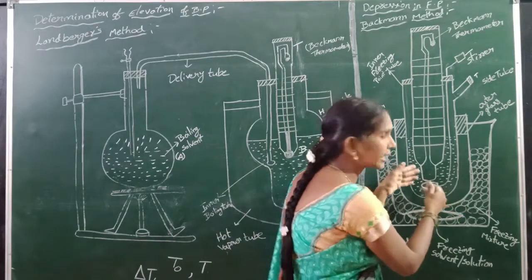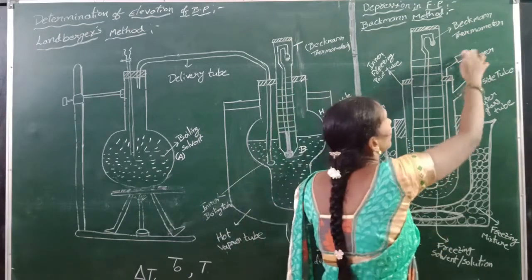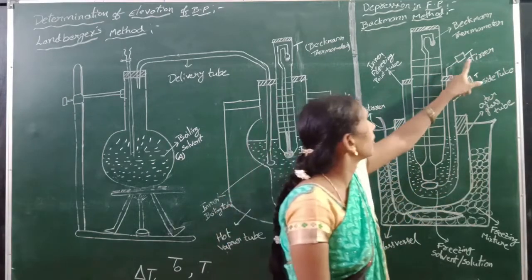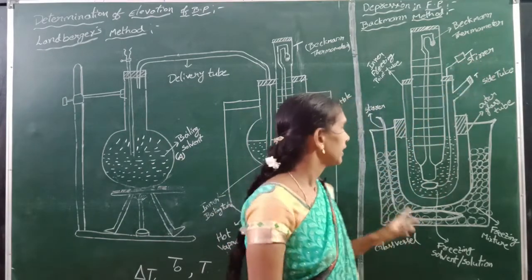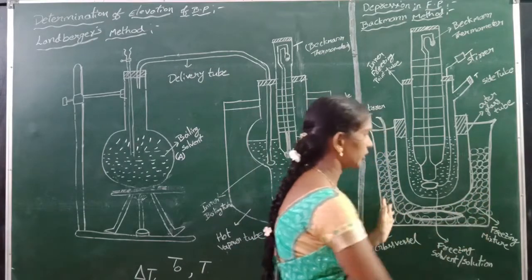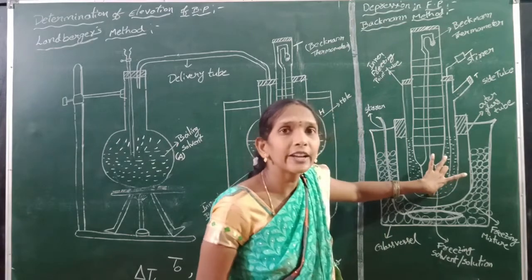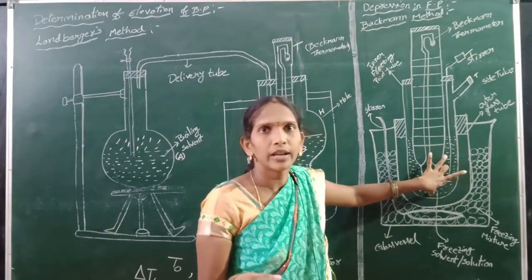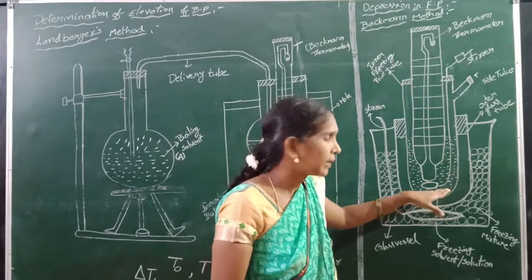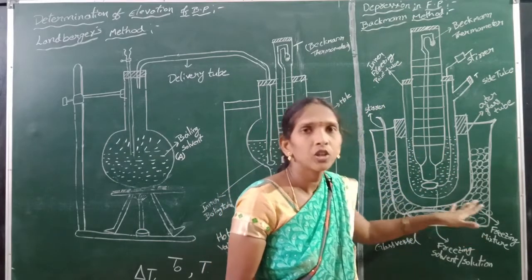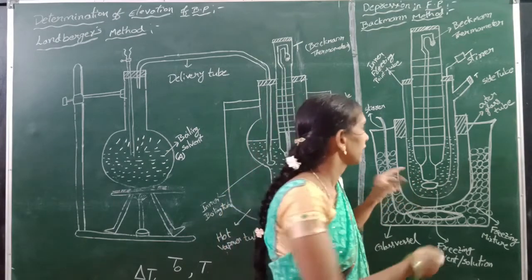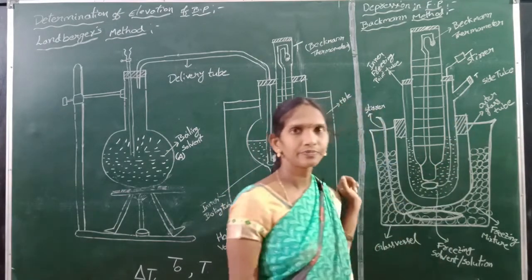The solvent is stirred with the help of the stirrer. This inner freezing tube is placed in the freezing mixture, so this solvent freezes, with constant stirring.